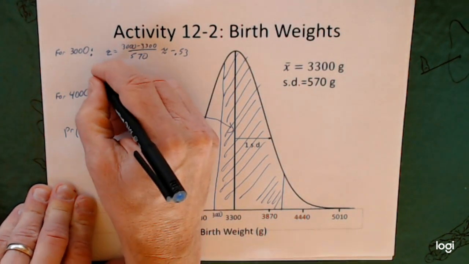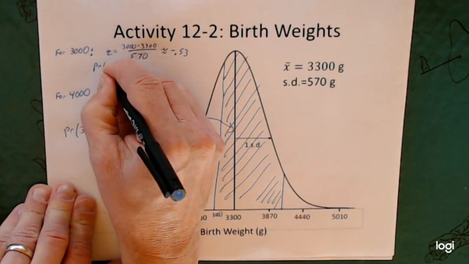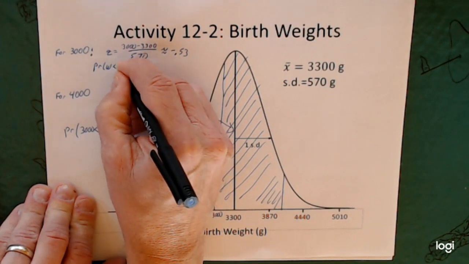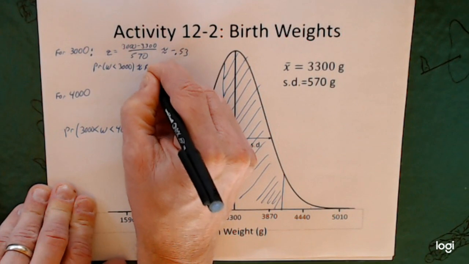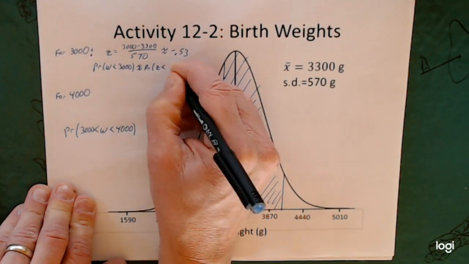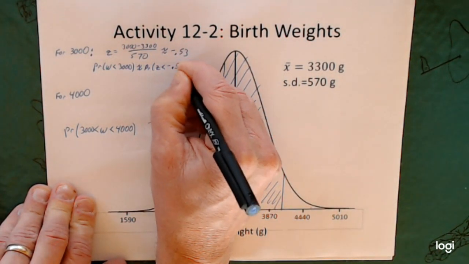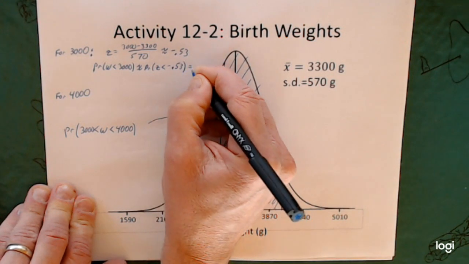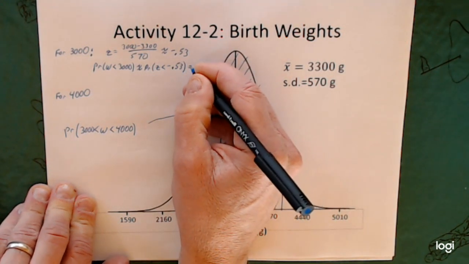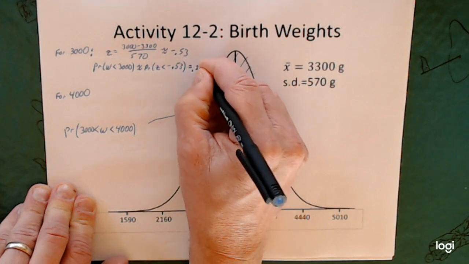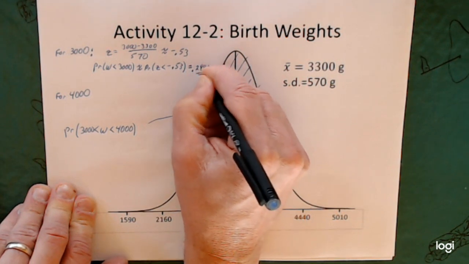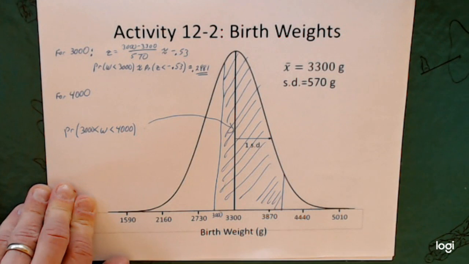And if I want to find the likelihood of getting a baby weight less than 3,000, that's about the same as the probability of getting a z-score less than negative 0.53. Look it up on table 2, and you'll get about 0.2981. Please check that.